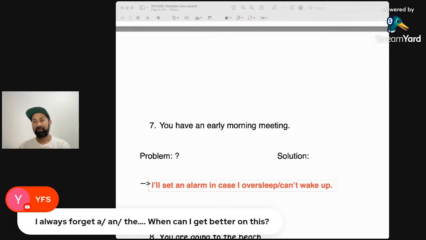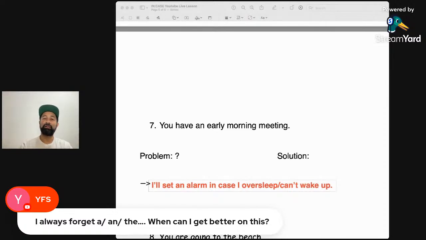But a better question to ask is about the listener's knowledge, the listener's point of view. If the listener doesn't know what you are talking about, it is the first time to hear this noun, then please use a or an.